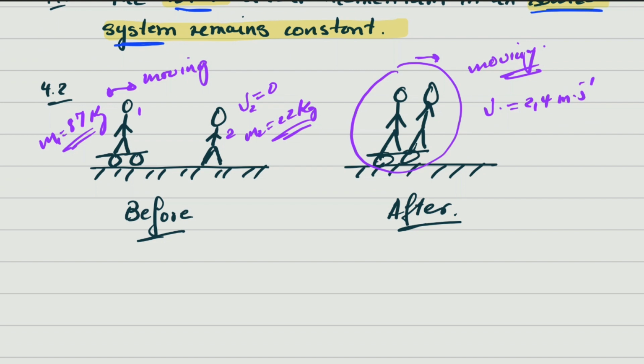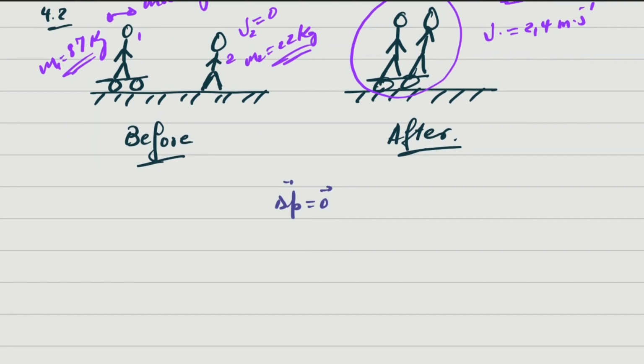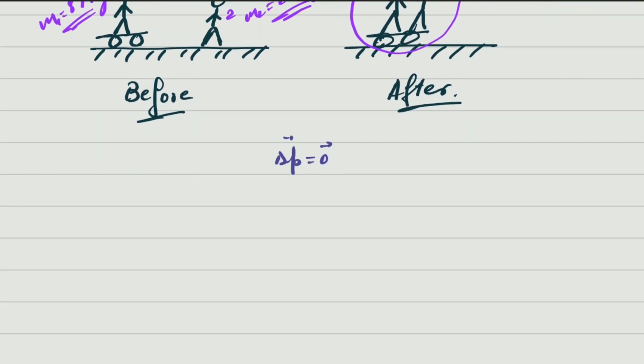Now we are going to use the law. We're going to start by saying that the change in momentum is equal to 0. There is a different starting point, but we're going to start from there, and we're going to say that the initial momentum 1 plus the initial momentum 2 is equal to the final momentum 1 plus the final momentum 2.